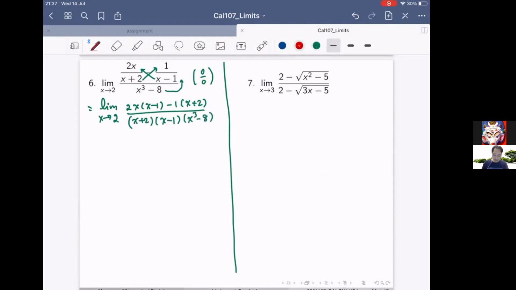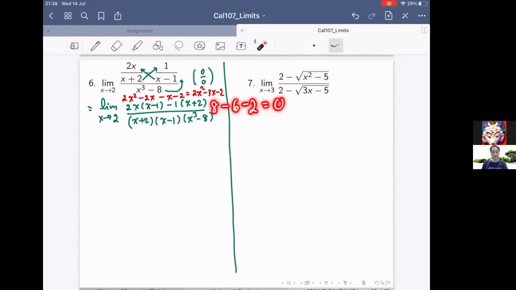So what is your top? Your top is 2x squared minus 2x minus x minus 2, so it is 2x squared minus 3x minus 2. You can check again that if you plug in 2, you have 8 minus 6 minus 2, which is again 0.